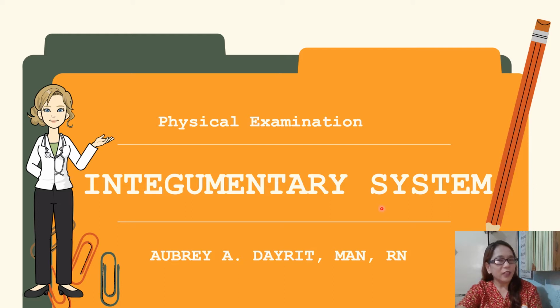Can you think of or recall what you have learned about the integumentary system during your anatomy and physiology class in the previous semester? Okay, so ano ang natatandaan about integumentary system? Alright, so your integumentary system is your skin.